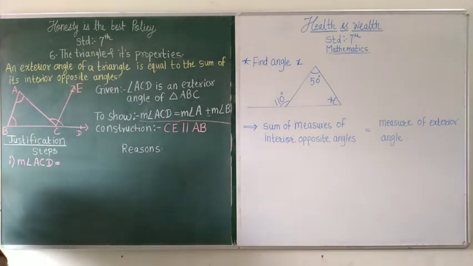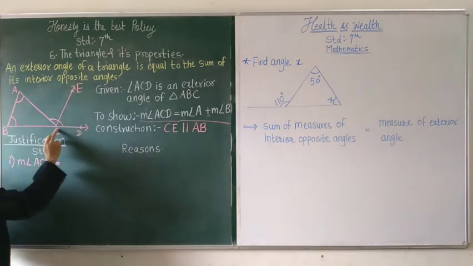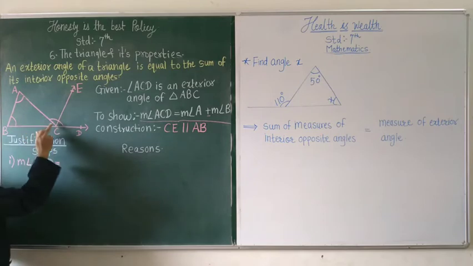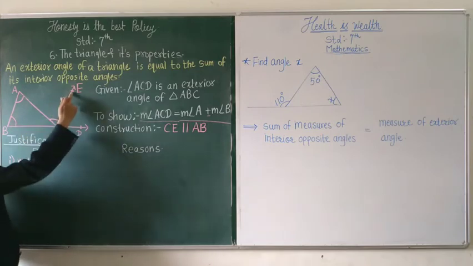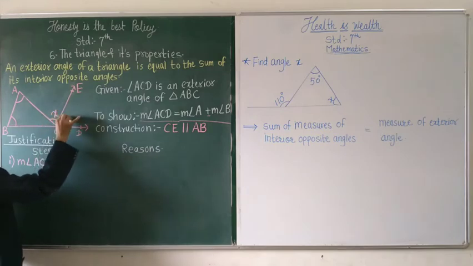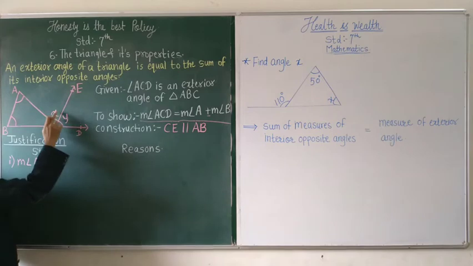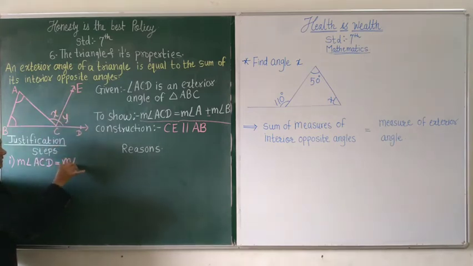How is this ACD formed? Look here. ACD is formed by ACE and ECD. So I will name them X and Y. So this angle ACD is formed by X and Y. So I will write here measure of angle X plus measure of angle Y.